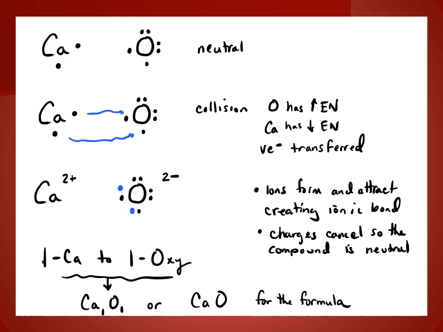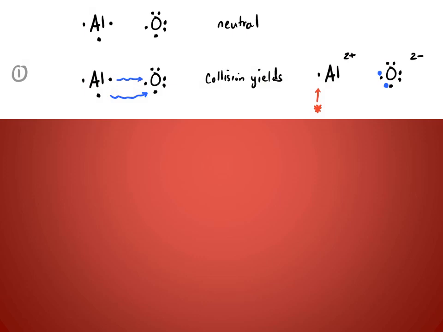Let's now consider the next example, which was aluminum and oxygen. This will take part over, I think, 2 slides because there are various transfers I want to show you. Okay, here we go. Same kind of method here. Let's consider aluminum and oxygen here at the top, both being neutral. Here's aluminum with its 3 valence electrons coming out of group 13.